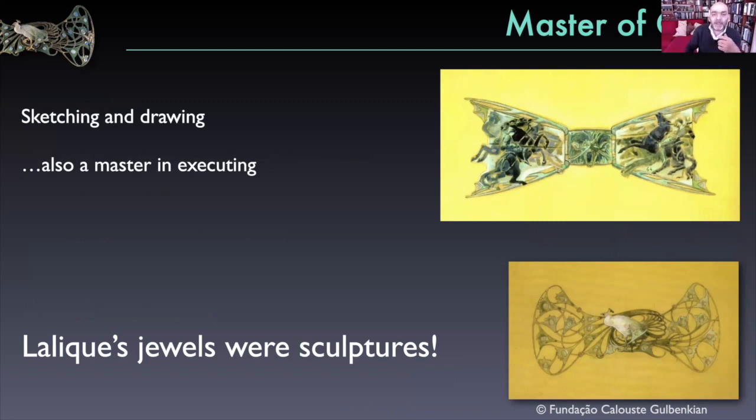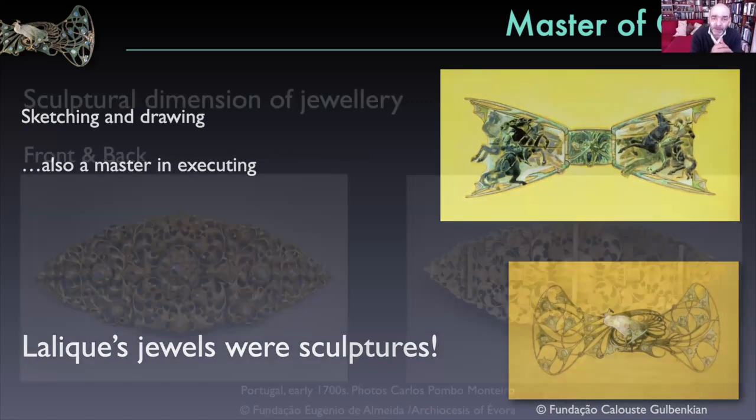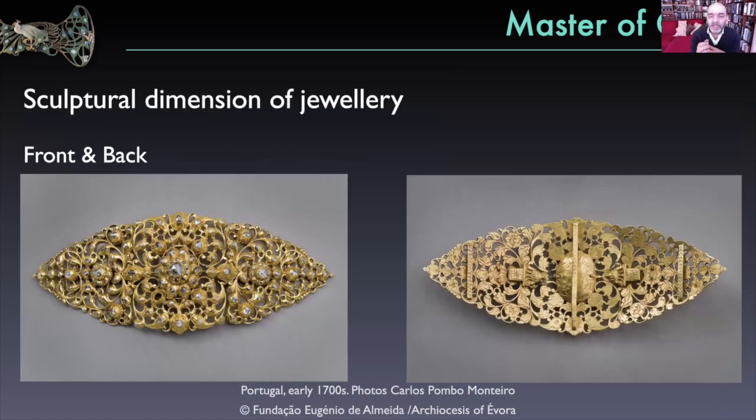When we go back in time, 16th century, 17th century, early 19th century, we see pieces of jewelry like this. They look like sculptures. They look like they were sculpted. But then from the mid 18th century to the 19th century, all that sculptural dimension was lost because a lot of gems came into play, and the jewelry became skeletons to hold a lot of gems, mostly diamonds.